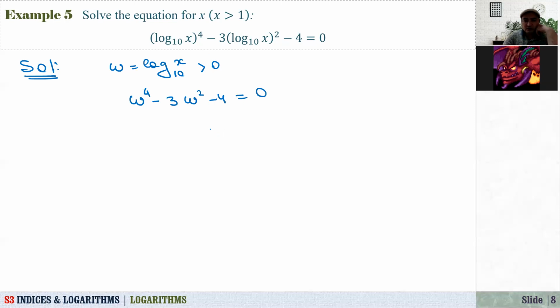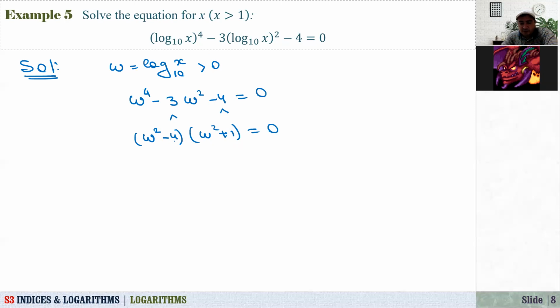So now, if you just solve this by factorization, -4 times 1, -4 plus 1. So here we have w squared minus 4 times w squared plus 1 is equal to 0.